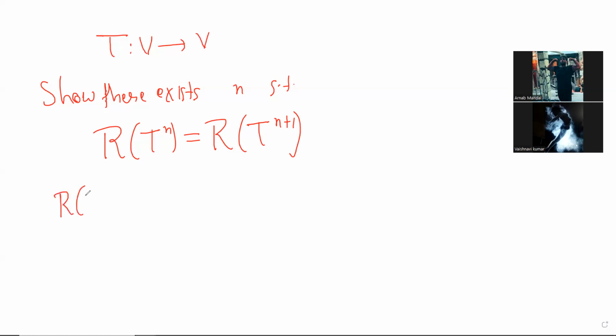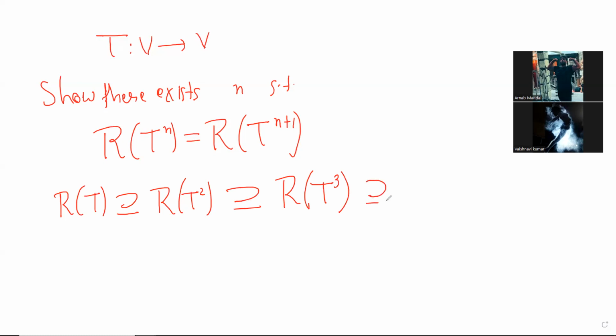You look at this, and in general you get a decreasing chain. And the claim is that at some point it will stop. There will come a time when it will stop.